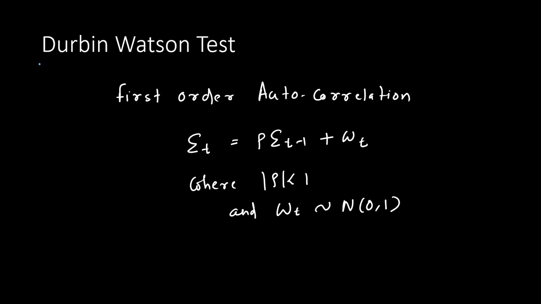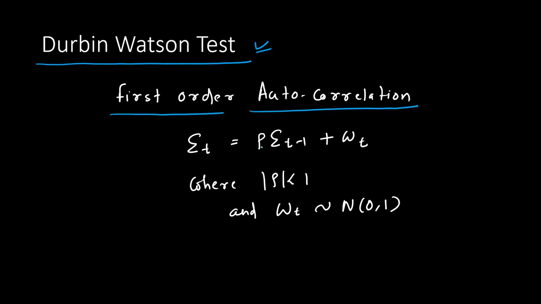The famous one, and I would say the most popular one, is the Durbin-Watson test. By using the Durbin-Watson test, we can find out the first order autocorrelation. So what is first order autocorrelation? We assume here that the error term e_t is just a linear combination of its immediate previous error term.